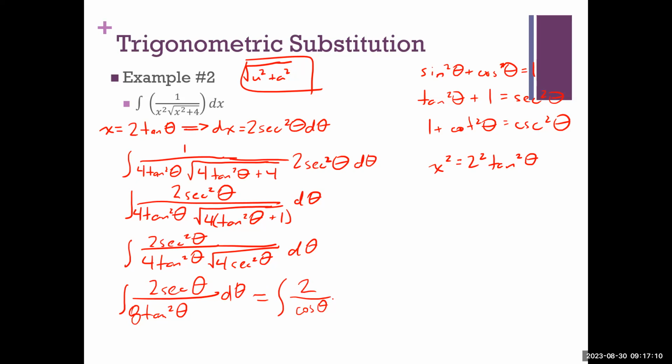What's tangent in terms of sines and cosines? Sine squared theta. Also, would you all be offended if I took a 1/4 out of here? Okay, you like to bring constants out of the integral, so we'll do that. So one of these becomes 1 over cosine theta. What does the 1 over tangent squared theta become? I believe that becomes cosine squared theta over sine squared theta.